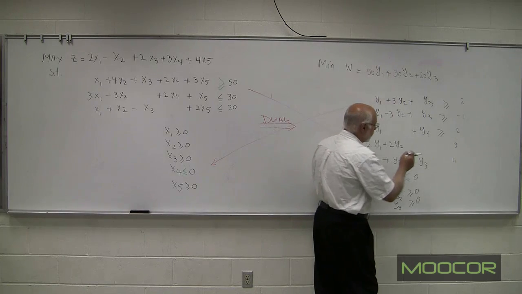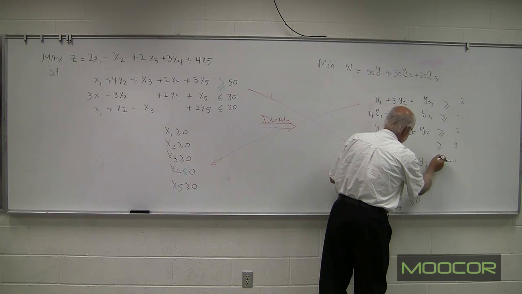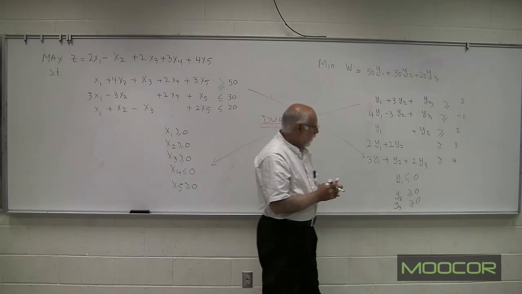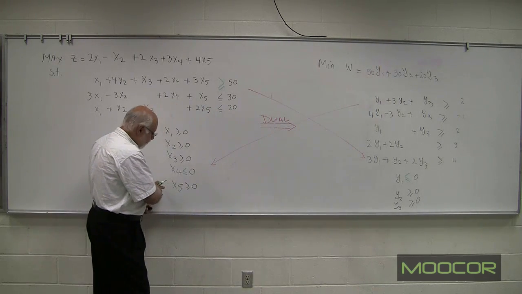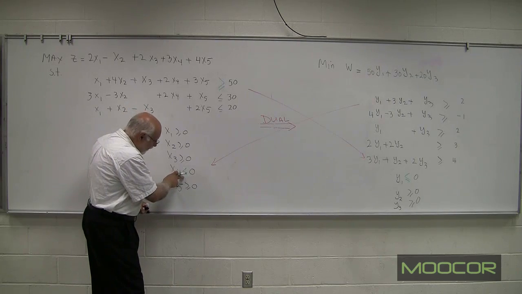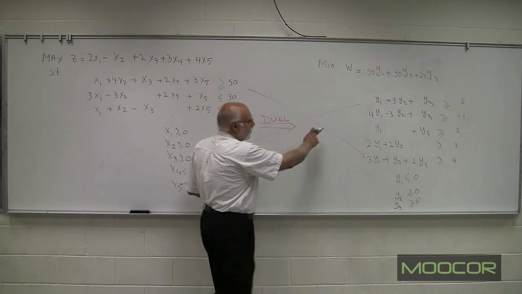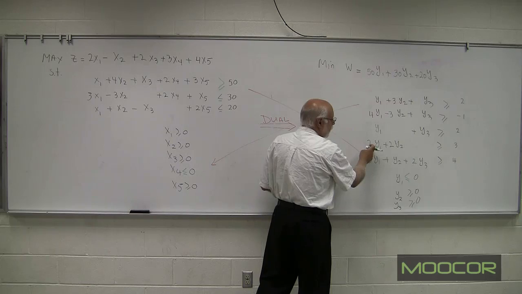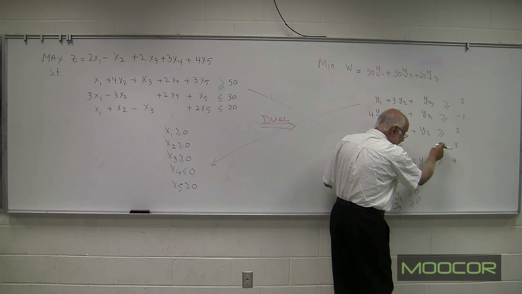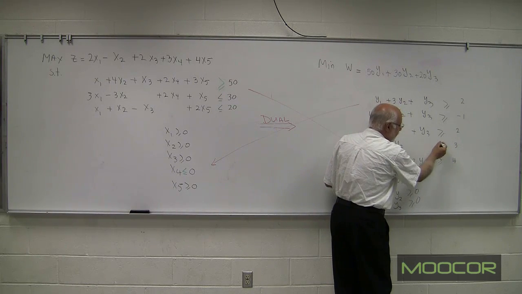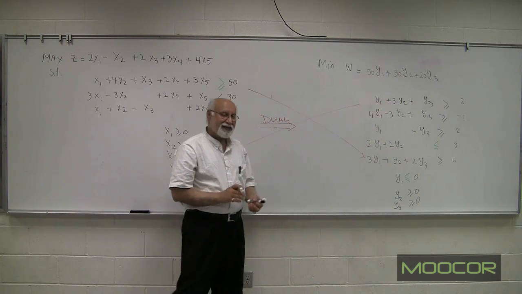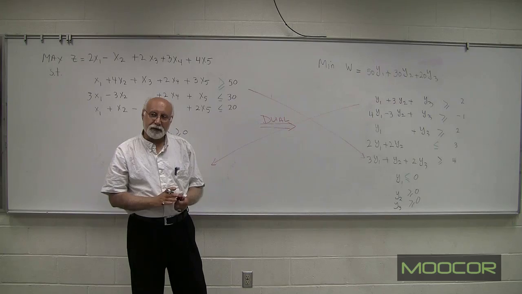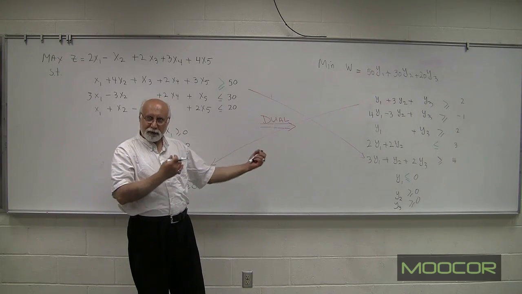Oh, I forgot to put these signs. It's related to the fourth constraint. That way, if this is changed, that fourth constraint will also change from greater than or equal to 3 to less than or equal to 3. That's simple. You can just change what you need to do.